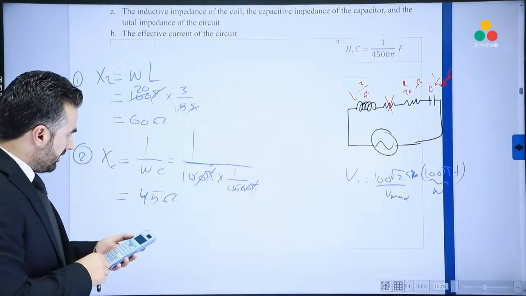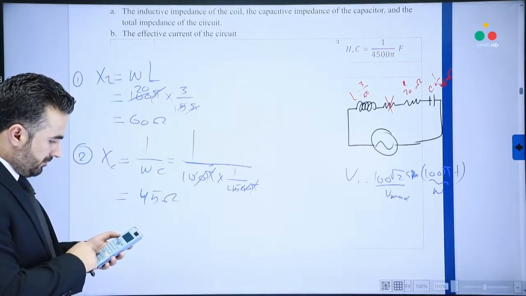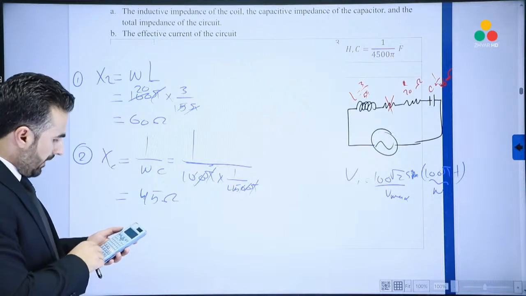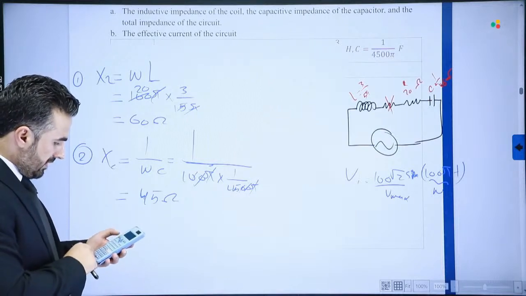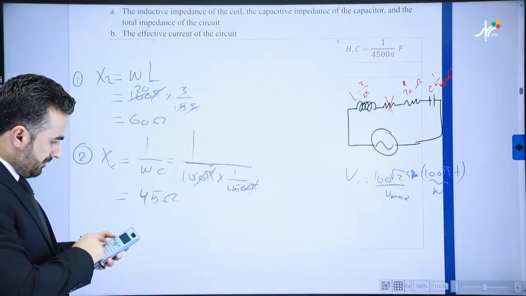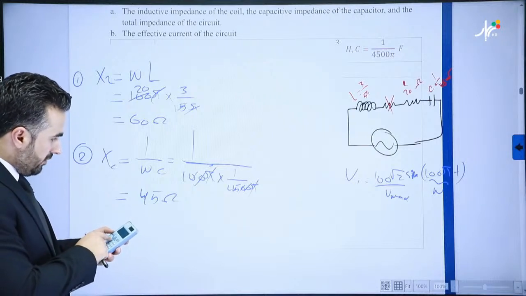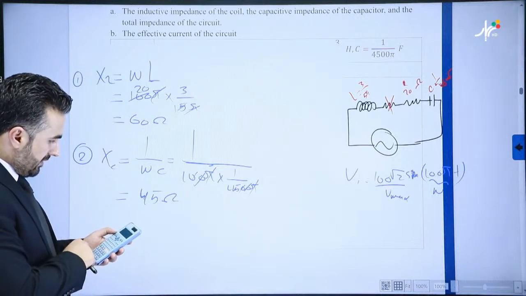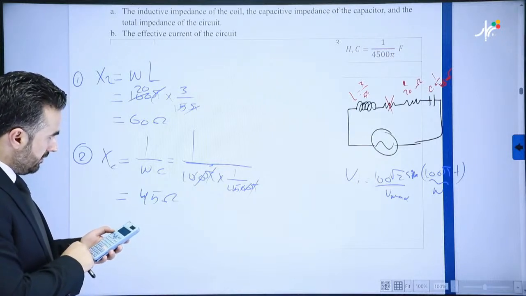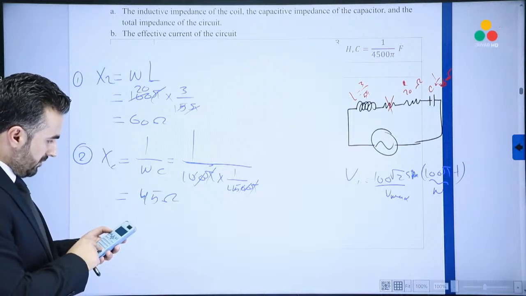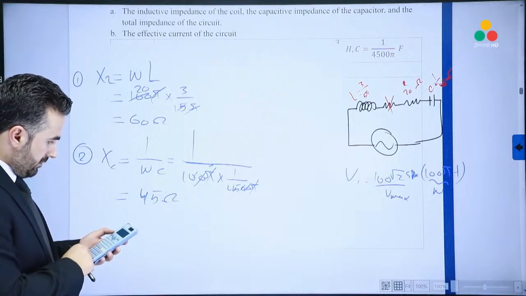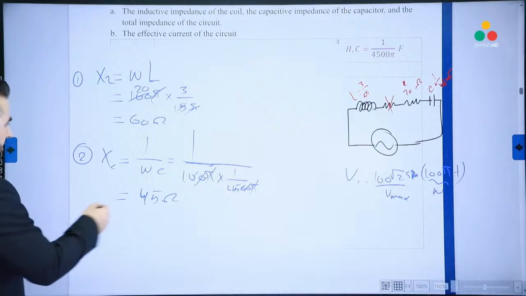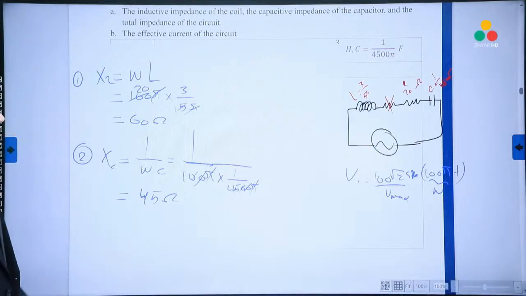Okay, let's double check with this. 100 pi multiplied by 1 over 4,500 pi. Okay, so the answer is 45. It is correct. Okay, that is the second one. That is XC, you can say.